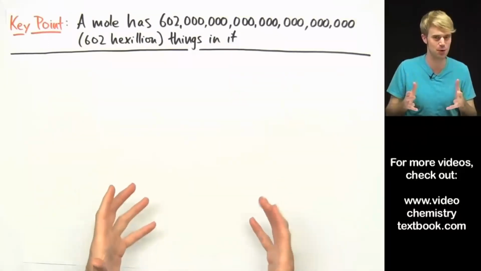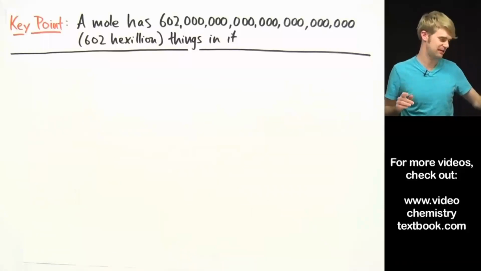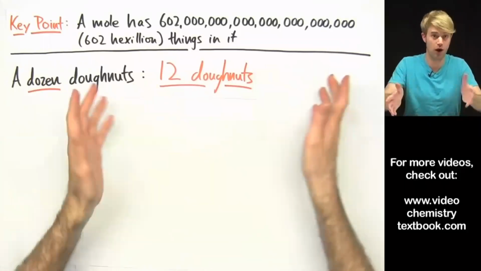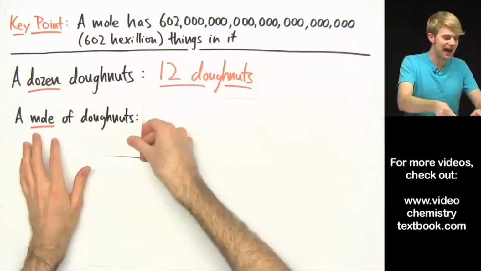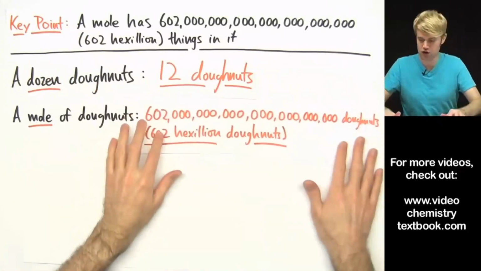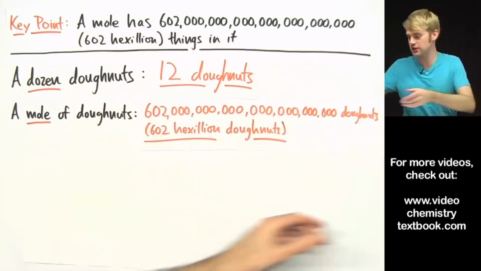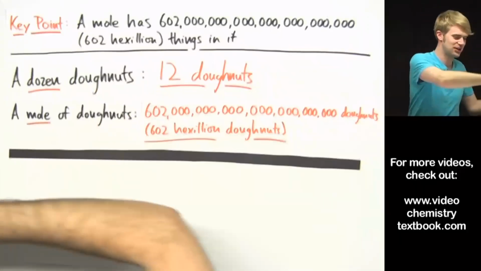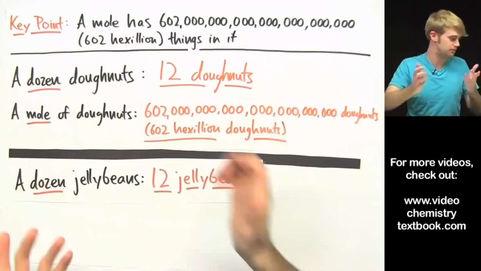And just like a dozen, we can have a mole of anything, right? So we could have a dozen donuts, which would be 12 donuts. Or we could have a mole of donuts, which would be 602 hexillion donuts. Or hey, we could have jelly beans. A dozen jelly beans would be 12 jelly beans.